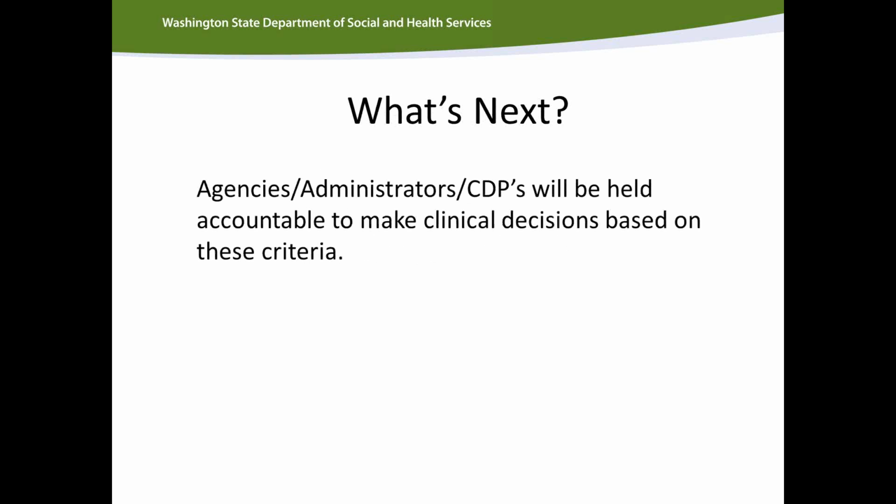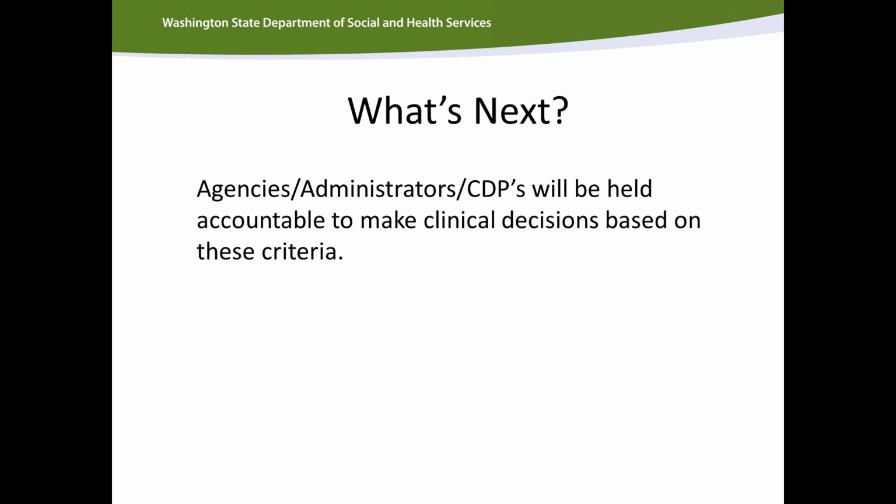In addition, agencies, administrators, and chemical dependency professionals will be held accountable to make clinical decisions based on these criteria, as they will be for others such as the ASAM patient placement criteria. Both of these are critical to accurate diagnosis and placement, and we are looking to see that programs and clinicians are compliant with those.